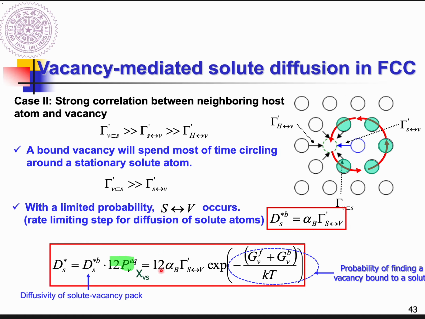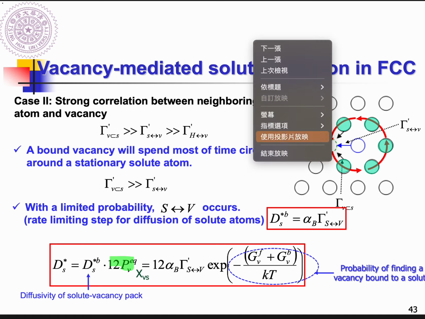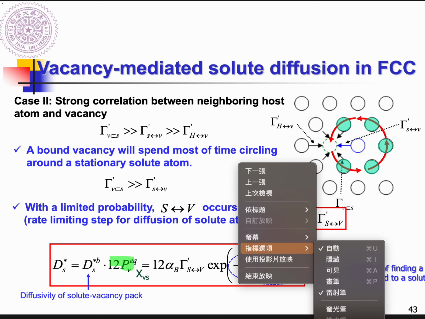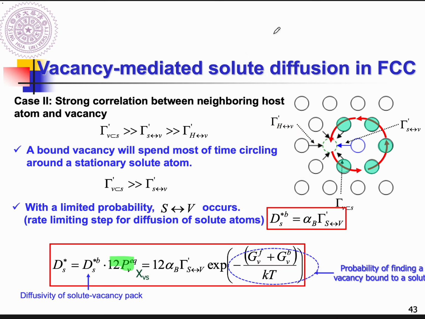And regarding the 12, some people wanted me to explain more, so I hope I can draw something. This is the vacancy, right? And because the coordination number for FCC is 12, if you have a solute, because in this case the solute and vacancy are a group, right?